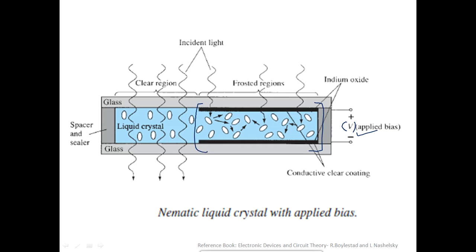Because we have conductive clear coating regions. Due to the established electric fields, these rod kind of structures change their position, their orientation gets completely changed. We call it a dynamic change. Instantaneously their positions get changed.